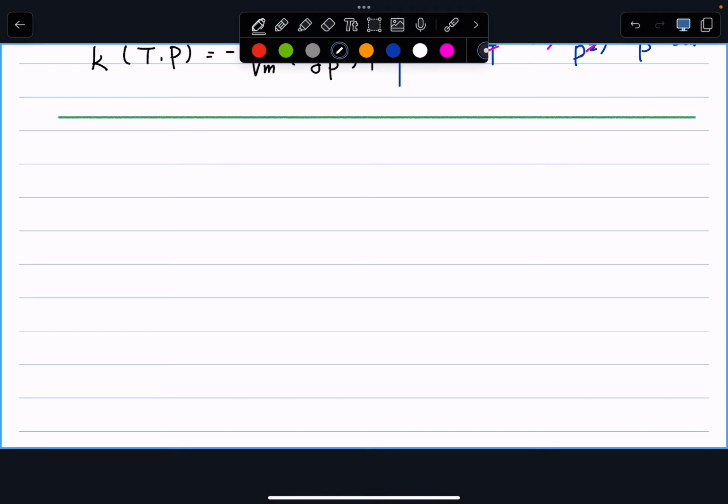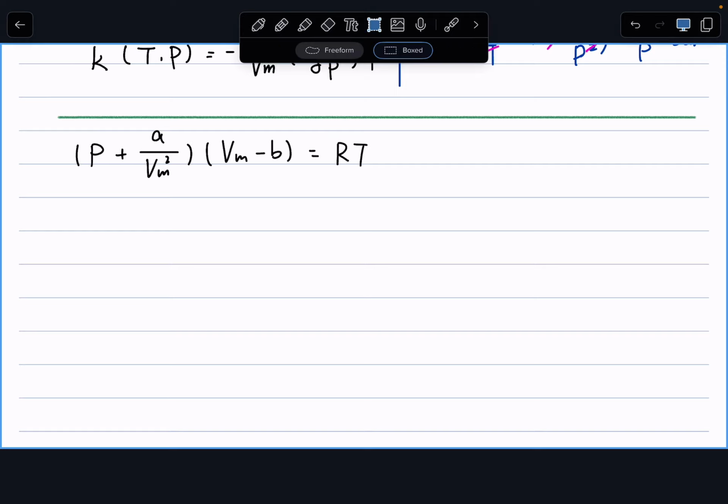Again, let's have the van der Waals equation of state. So that's P plus A over Vm squared. Remember, this one is adding attraction between atoms or molecules when they're in close proximity, but not too close. And then Vm minus B. So this is telling you your gas molecules are solid balls, they have volume. And this equals RT.